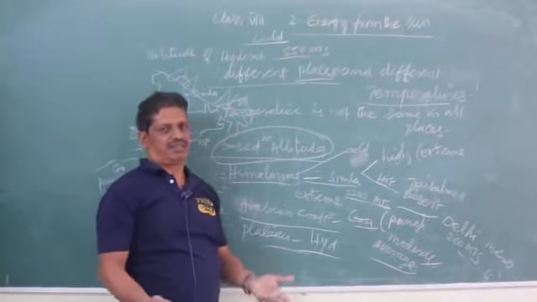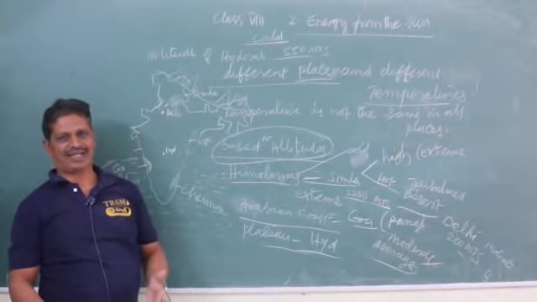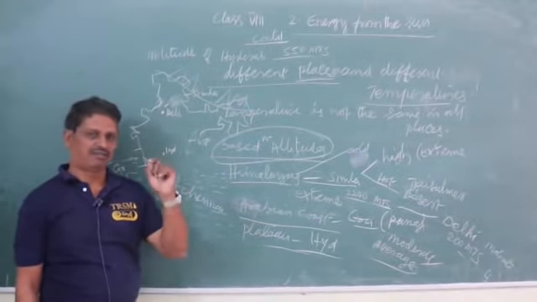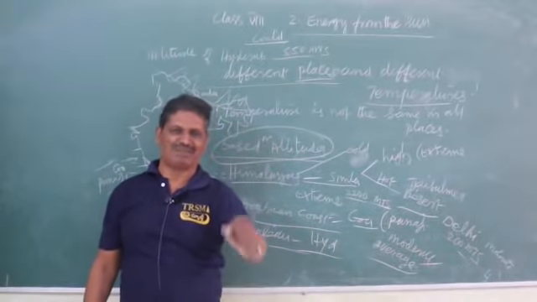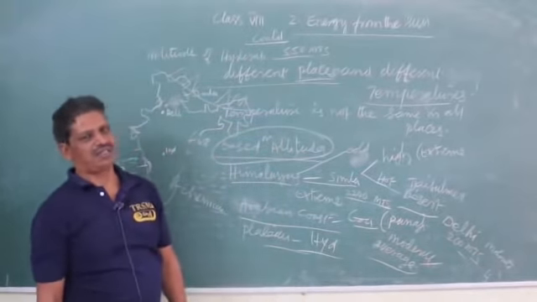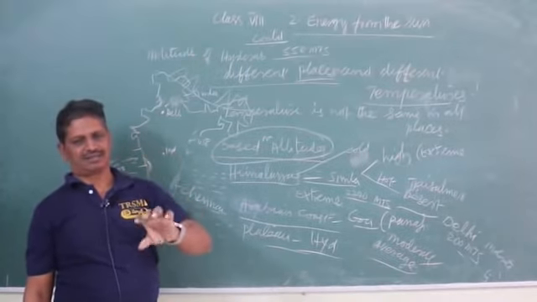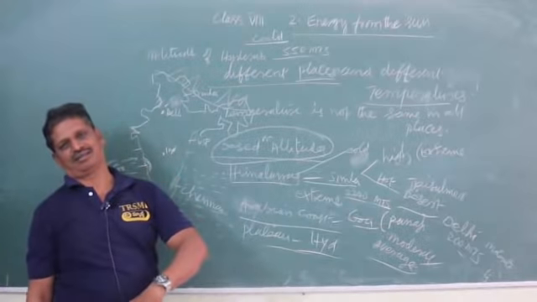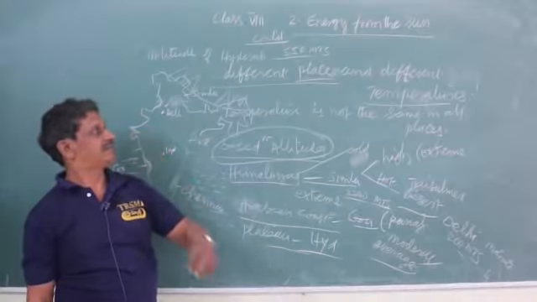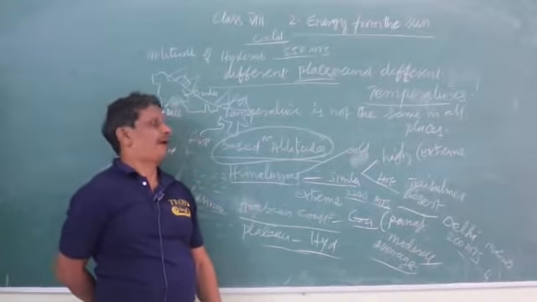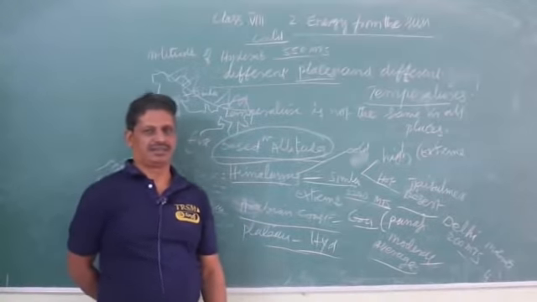Generally 2 to 4 degrees vary. Why? Because for every 165 meters, the temperature decreases by 1 centigrade. For every 1000 meters, the temperature decreases by 6 centigrade. Okay? So 550 meters means at least more than 3 degrees less.